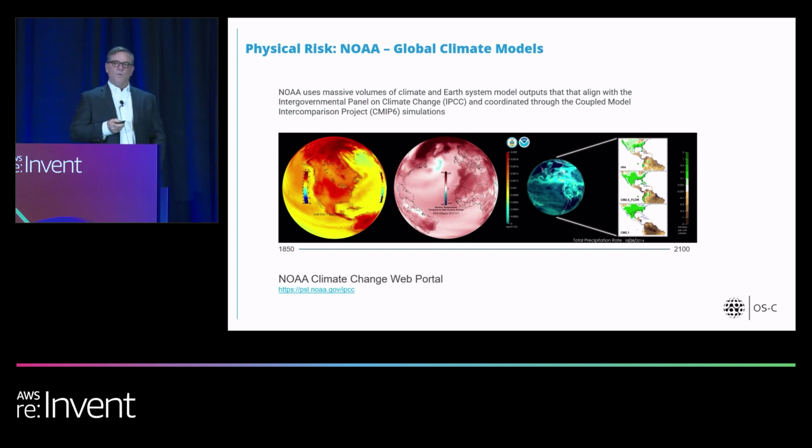So NOAA is one of 30 plus, it's actually 48 climate organizations that have run these massive climate models with supercomputers that align with the IPCC.